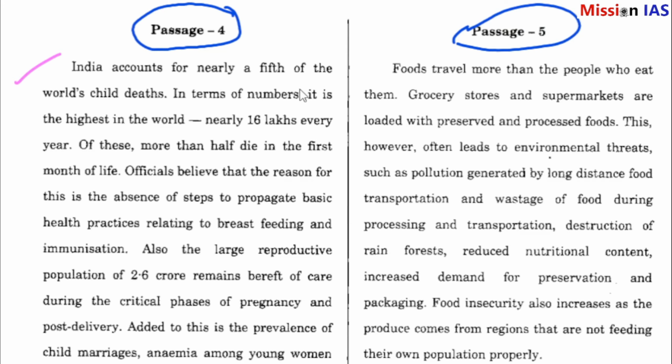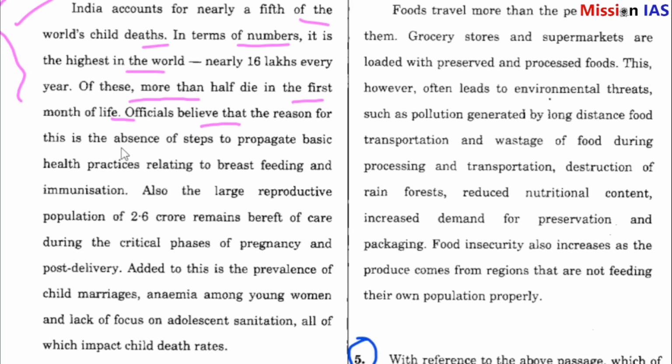India accounts for nearly a fifth of the world's child deaths. In terms of numbers, it is the highest in the world, nearly 16 lakhs every year. Of this, more than half die in the first month of life. Officials believe the reasons are the absence of steps to propagate basic health practices relating to breastfeeding and immunization.